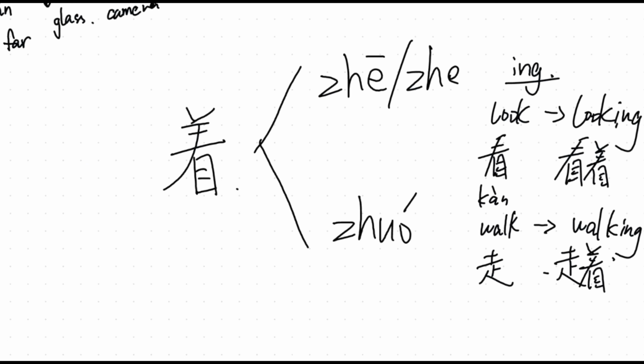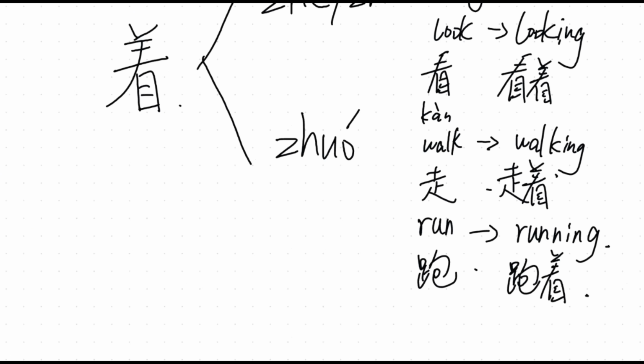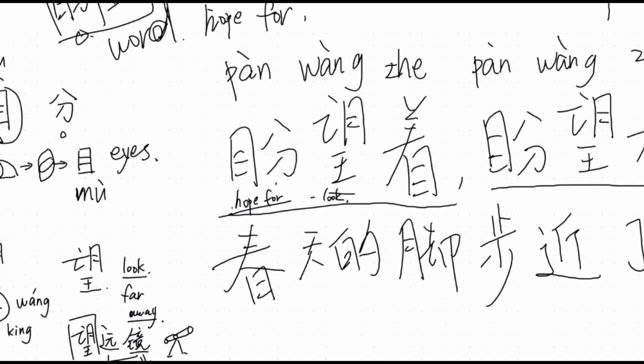And run is 跑. And running, now you know it. 跑着. So here, 盼望着. Now you know what this stands for. If you know, give me a thumbs up. No, now I know you know.